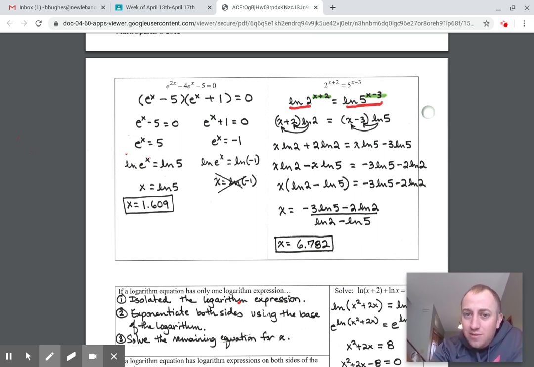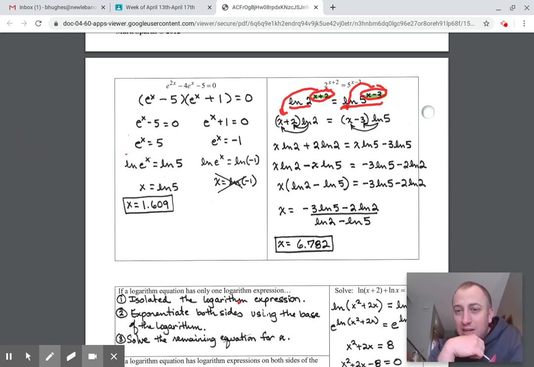By doing that, we have a property of logarithms that allows you to take the exponent and bring it down in front as the coefficient. Okay, so we end up with x plus 2 times the natural log of 2 and x minus 3 times the natural log of 5, which is what they have.